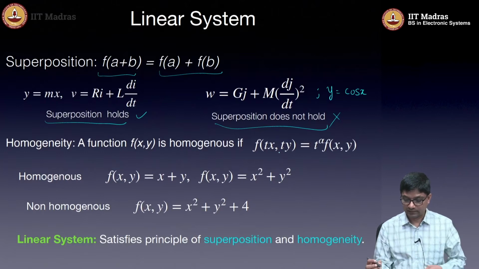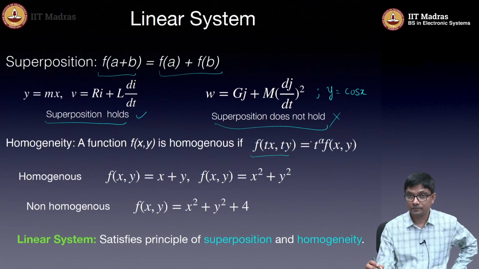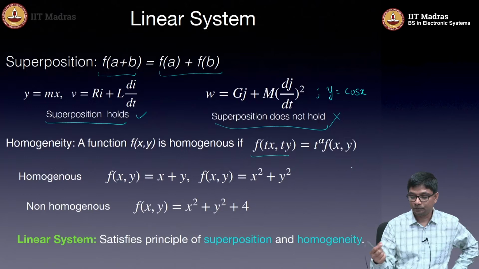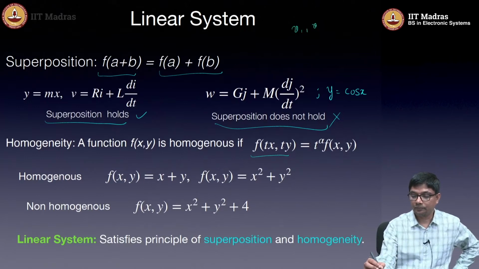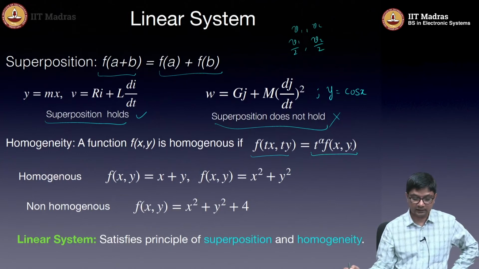Mathematically, it would mean f of (tx, ty), where x, y were the original input and output. Say I had V1 and V2 and simply scaled them to V1 by 2, V2 by 2; they should satisfy a relation like this.